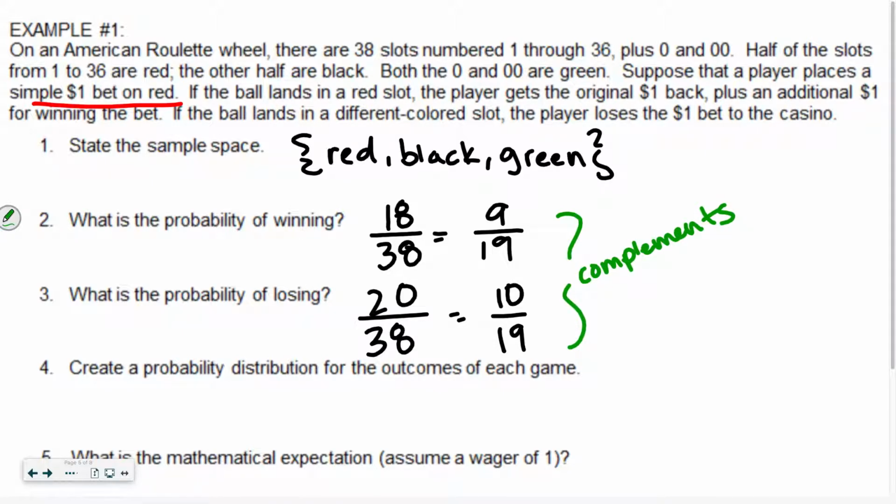You could have calculated that either by taking the 18 black plus the 2 green and getting your total 20 ways to lose, or you could have just done the complement, 1 minus 18 out of 38, and you would have still gotten 20 out of 38. When your probability of winning and your probability of losing are complements to each other, there is no break-even point.